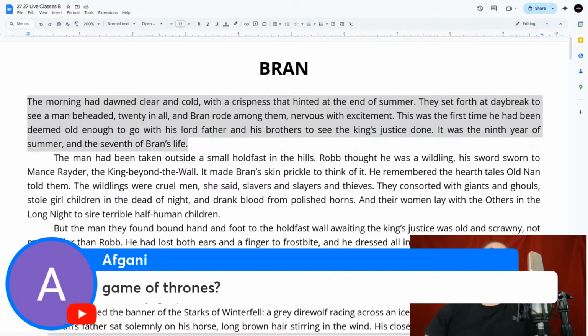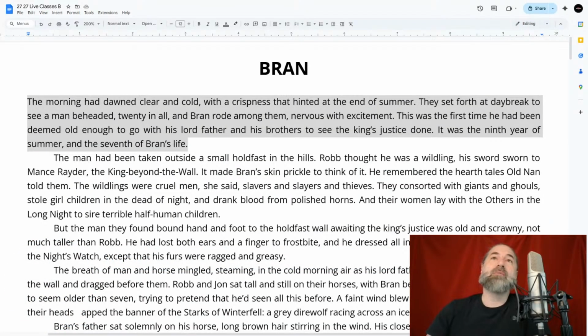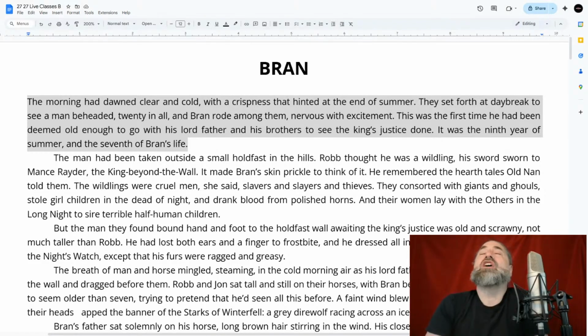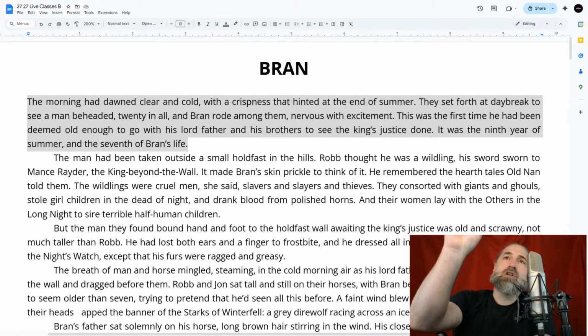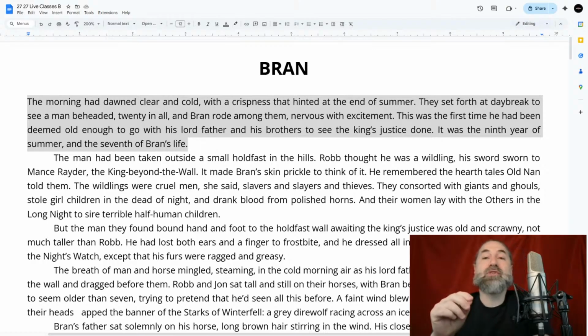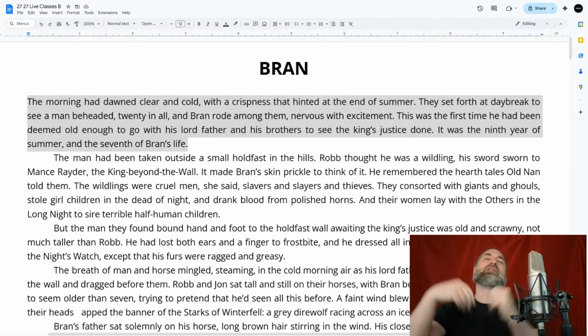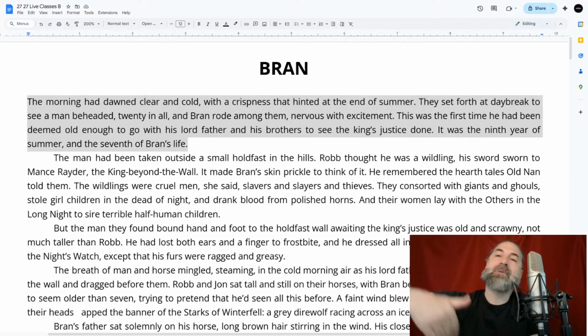Yes, this is Game of Thrones, the first book from the series A Song of Ice and Fire. This is an example of something fairly passive compared to action, but something is happening. We are in the middle of something happening. They are literally on their way to something to happen.